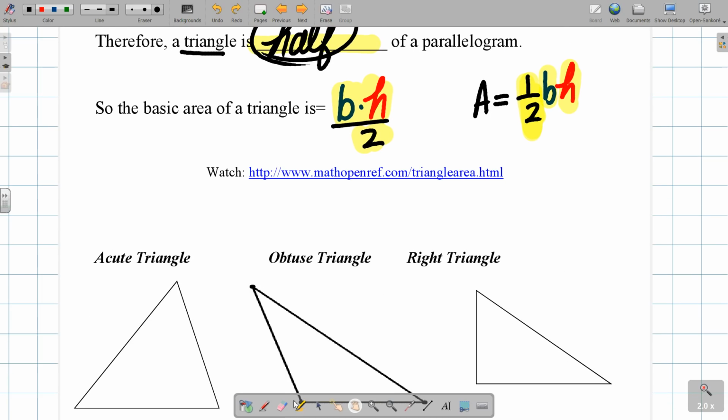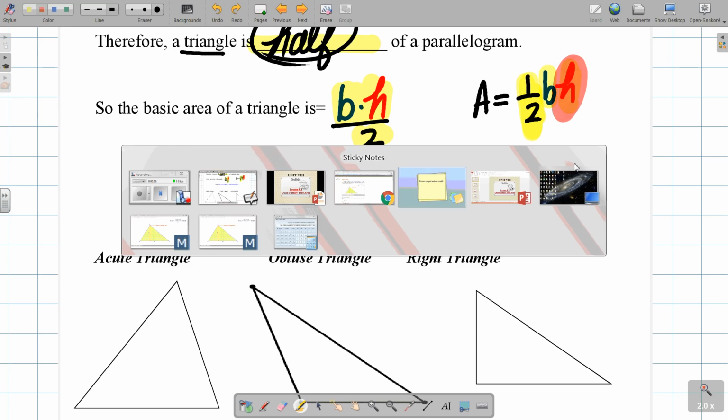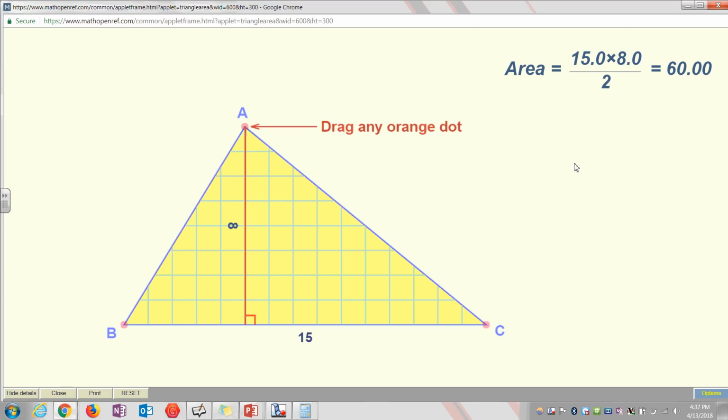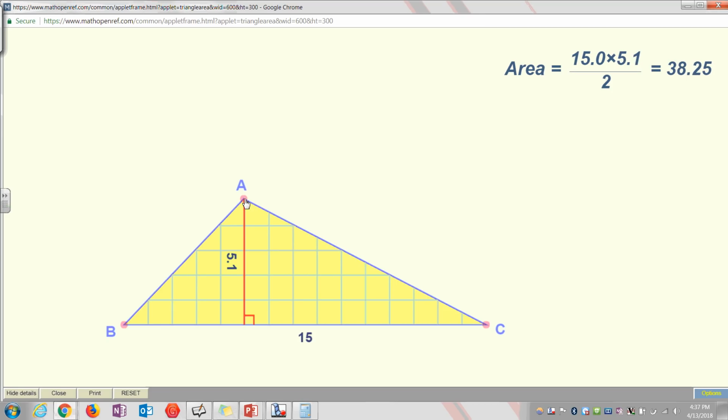Now, height is the key here. They give you a little animation because something kind of weird happens with the height of triangles. Take a look here. This is called the Math Open Reference.